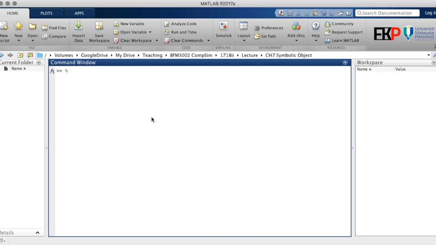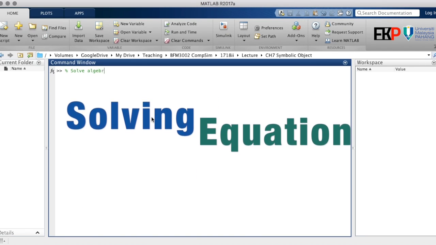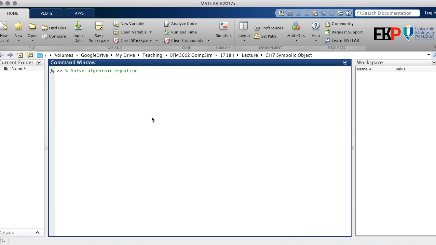Okay, now let's see how we can solve an algebraic equation using symbolic math. Let's say we define our symbolic objects A, B, X, Y, and Z. To solve an equation, we can use the command solve. We can define h as our variable, or you can use any variable that you like.